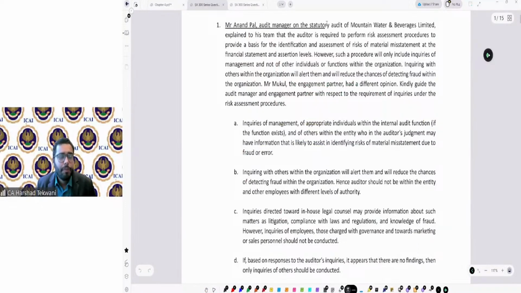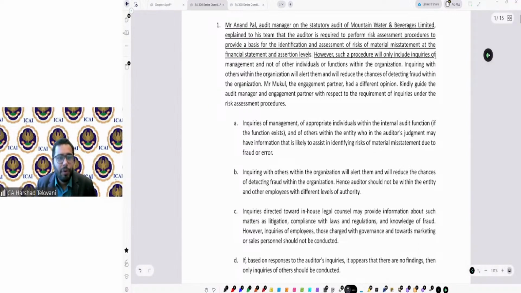Mr. Anand Pal, audit manager on the statutory audit of Mountain Water and Beverages Limited, explains to his team that the auditor is required to perform risk assessment procedures to provide a basis for identification and assessment of risk of material misstatement at the financial statement and assertion levels.